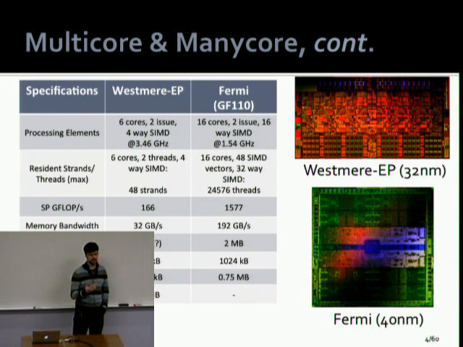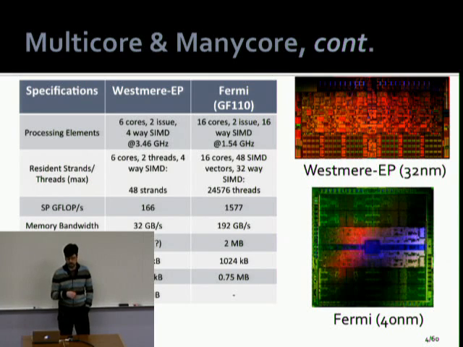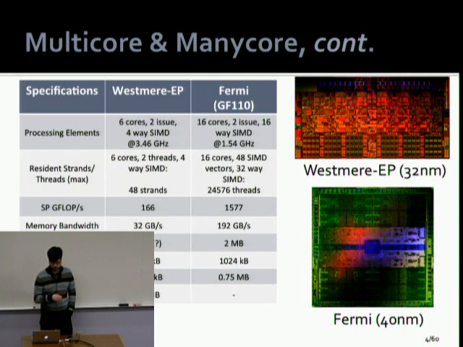So the register file is really big compared with a traditional multi-core chip. And the caches are much smaller. It's really nice to have a 12 megabyte L3 cache on this multi-core chip. The Fermi only has a 3/4 megabyte cache. So the way that you program these things is going to be really different.